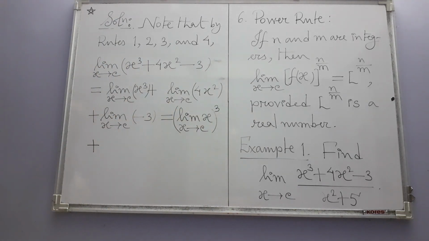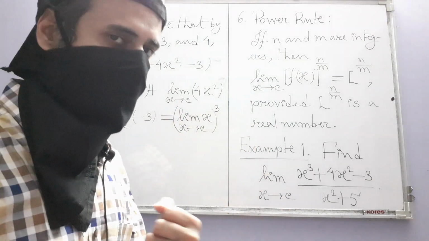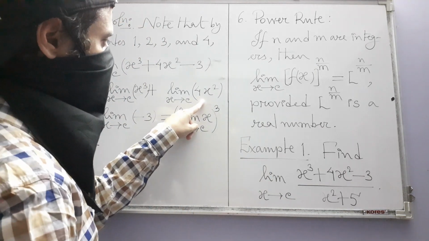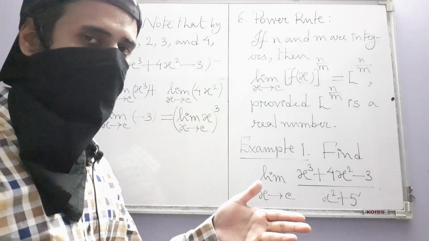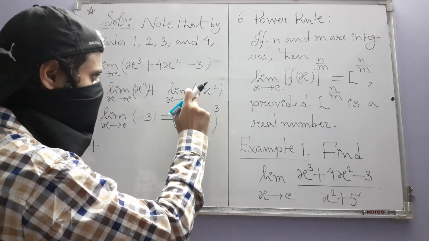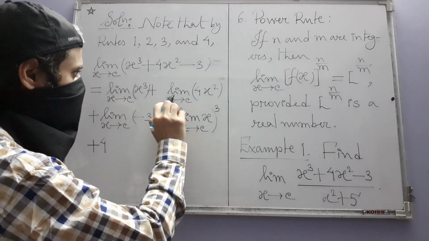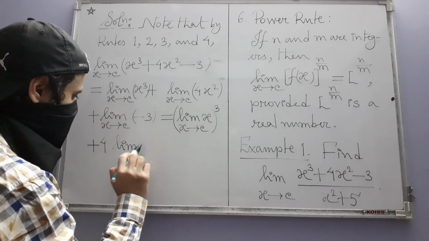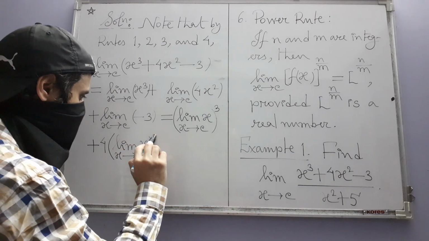Plus, now you may already know what we are trying to do here, so I can skip steps and apply the constant multiple rule and the power rule simultaneously. The constant multiple rule allows me to take 4 outside, and then the power rule allows me to take the limit inside x square, thus giving me this.